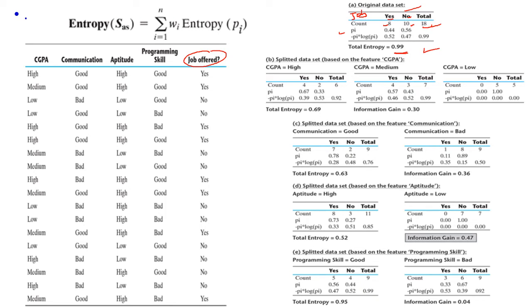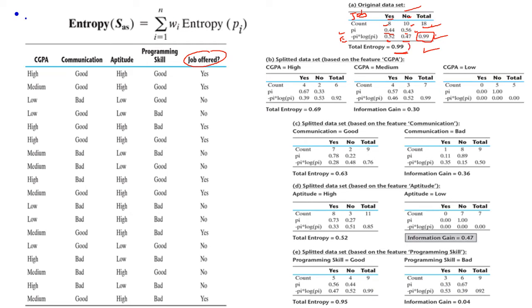The pi values are 0.44, that is 8 by 18, and 0.56, that is 10 by 18, and the entropy, minus pi into log pi, is 0.52 plus 0.44, and the total is 0.99.